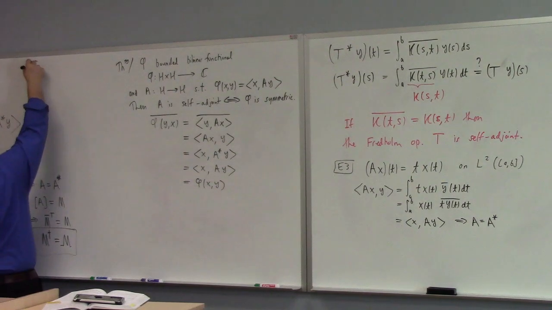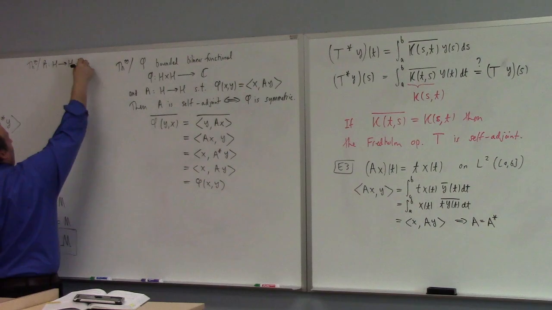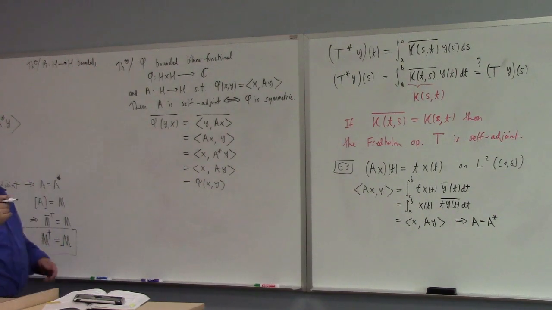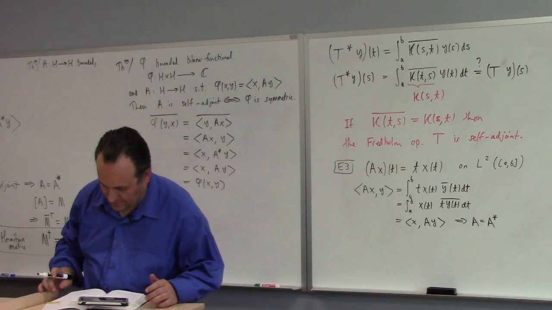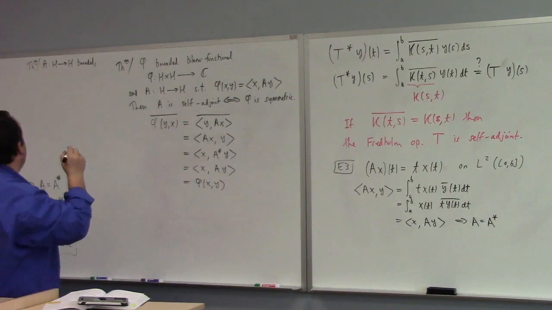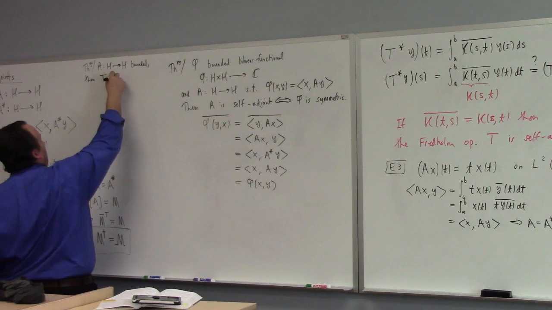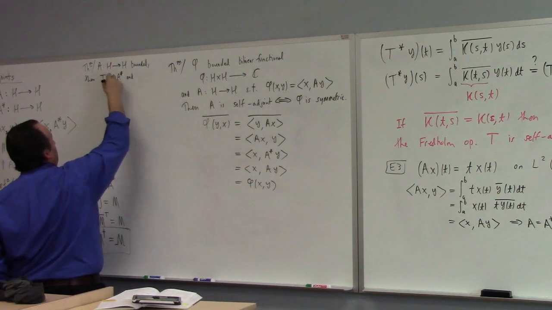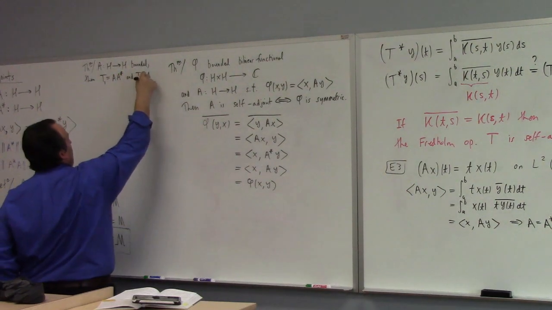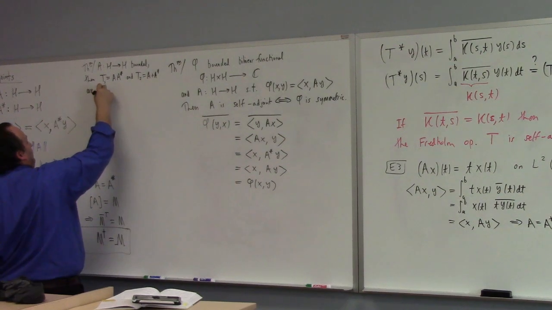So theorem: A in B(H), bounded. Then T1 equals A adjoint A, and T2 equals A plus A adjoint, are self-adjoint.